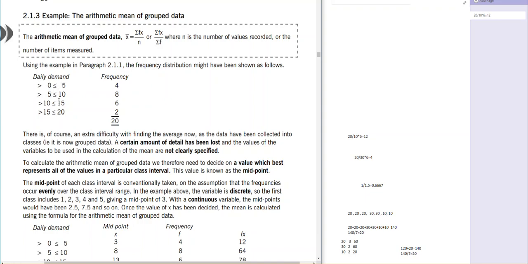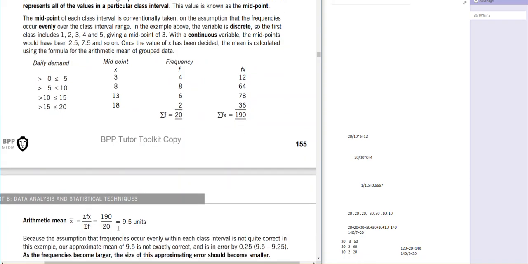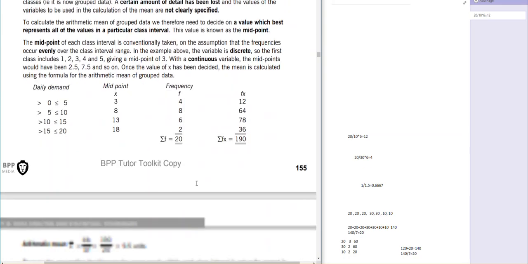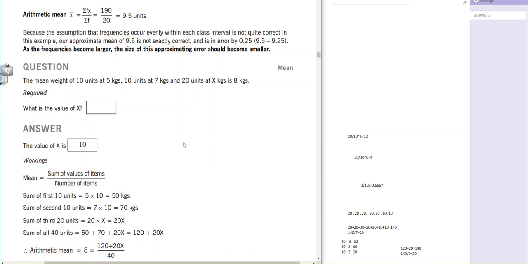So what we do is we find the midpoint. Like here, midpoint is 3, here midpoint is 8, here midpoint is 13, here midpoint is 18. And then we multiply by the frequency, and then total divided by units would give us exactly the same thing as the previous one. Obviously, there will be a small difference because the midpoint is not the exact number, but it will make things a little bit faster.